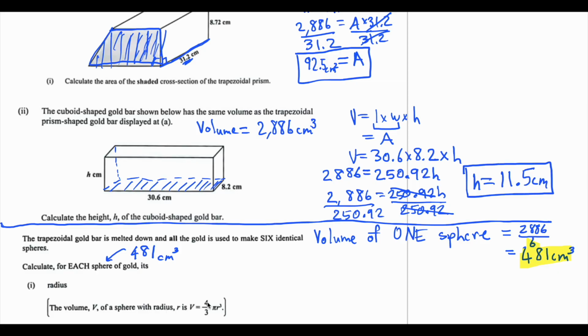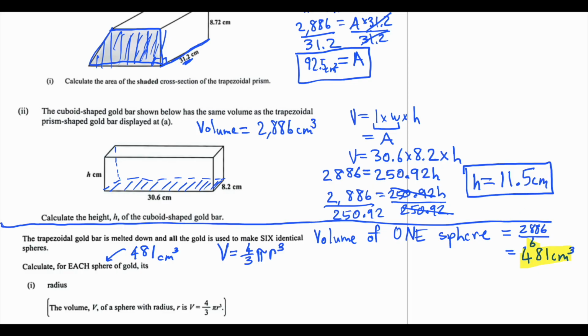All right, let's see what y'all gonna do to get this. So the volume of a sphere is equal to 4/3 pi and then r to the power of 3. Let's see what y'all gonna do to solve this.